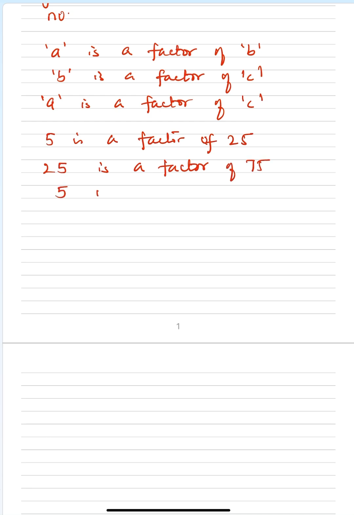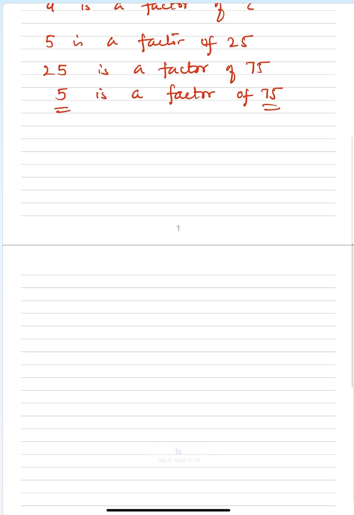Then 5 is also a factor of 75, meaning 75 is divisible by 5. Understood? If 25 is divisible by 5 and 75 is divisible by 25, then 75 is also divisible by 5.